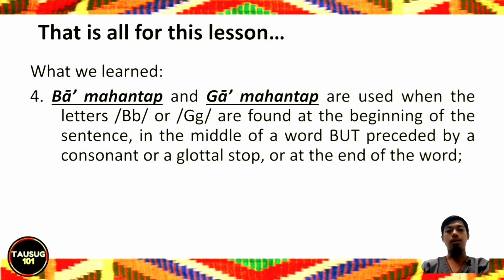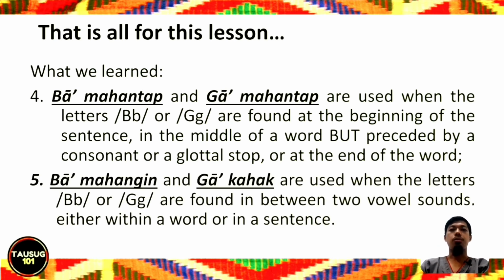We learned that ba mahantap and ga mahantap are used when the letters ba and ga are at the beginning of a sentence or a word, or in the middle of a word or a sentence but preceded or followed by another consonant or glottal stop, or at the end of the word. But when the letters ba and ga are in between two vowel sounds, we use the ba mahangin and the ga kahak sounds.